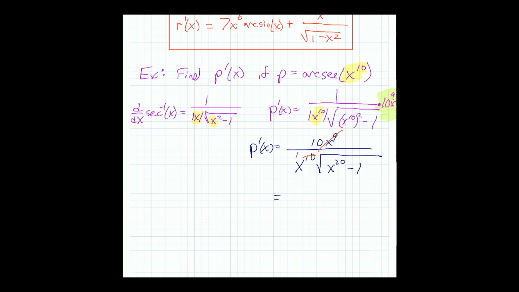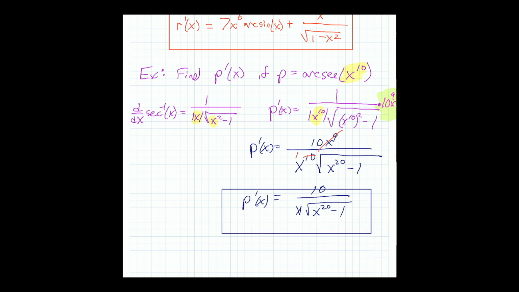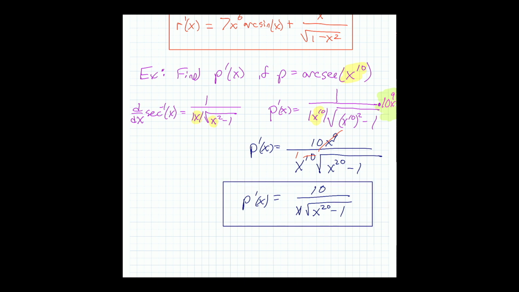And so it should be 10 over x times the square root of x to the 20 minus 1 should be p prime. Right? And knowing that new formula here was what was new in this section.